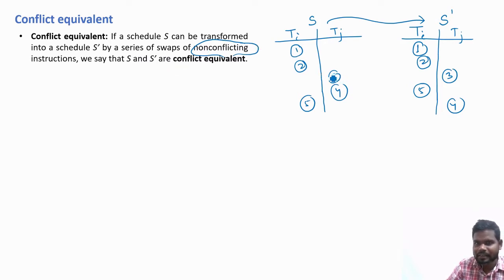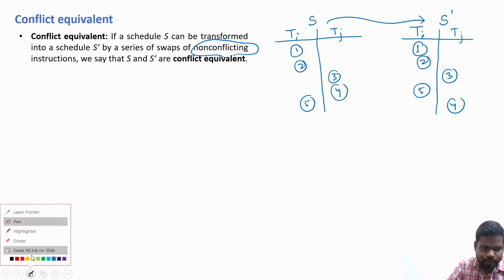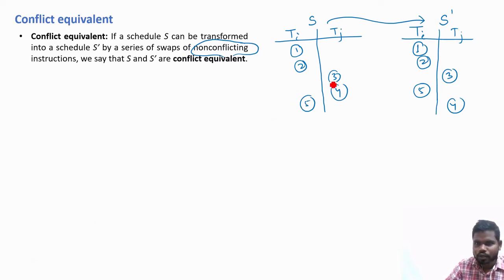So see here, if we get S dash from S by a series of swaps of non-conflicting instructions, then you can say that S and S dash are conflict equivalent. In this example, how could you get S dash from S?